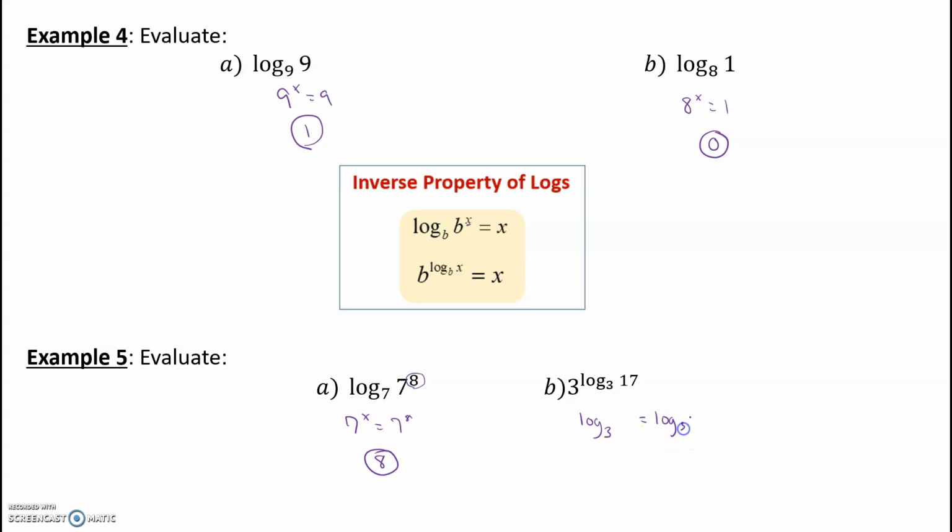Log base 3 of 17, and we want to know, so we have 3 to that power equals something. We want to know what it equals. Well, when you look here, notice x has to be 17. So it winds up being that little number on the end. Same concept here, and that's what this is trying to show you. So even if you forget this, you can still work it out.